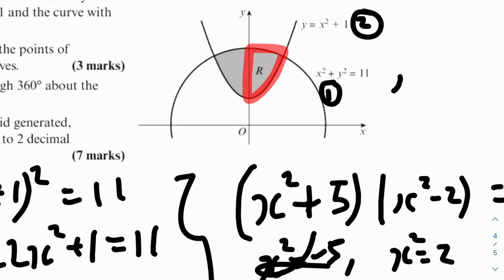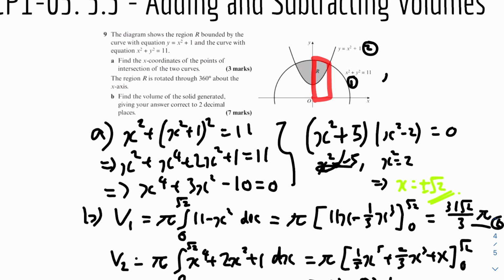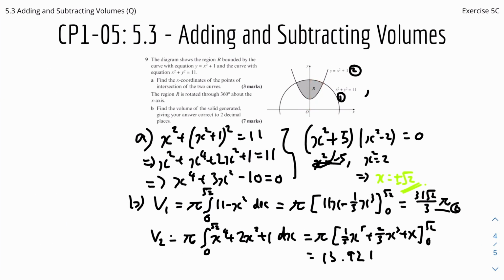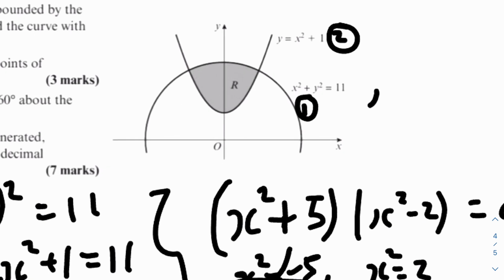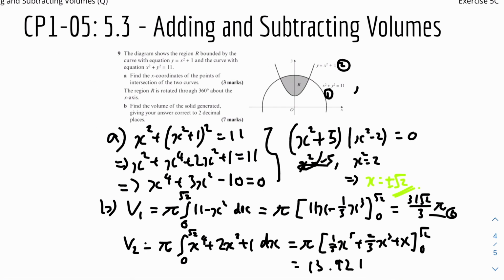Now that we've got both volumes, to find the volume for this half region of R, we need the volume of the x squared plus y squared equals 11 curve, which is volume 1, minus the volume under the second curve. So we do volume 1 minus volume 2.